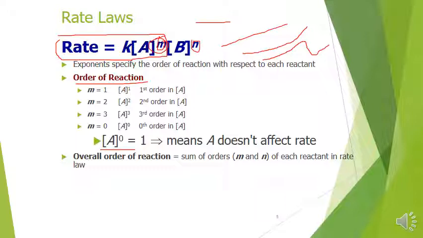So if m is equal to 1 and n is equal to 2, the overall rate of reaction will be 3. You combine the two rate orders to determine the overall order of reaction.